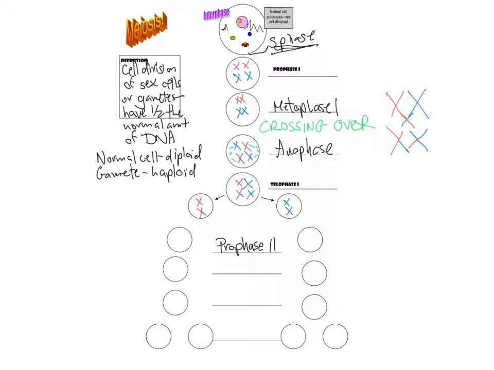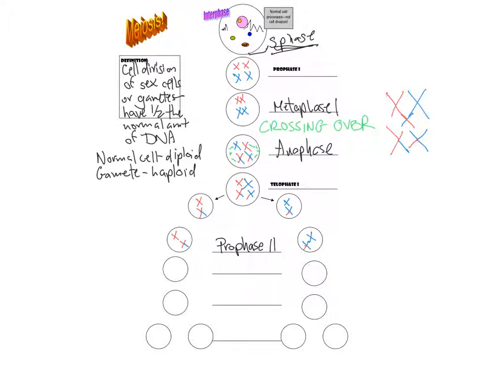And in prophase 2, the same thing happens as in prophase 1. The chromosomes form. But because the chromosomes are already formed, there's really not much to it. So this part goes pretty fast. So you got your 2 chromosomes, and there they are.